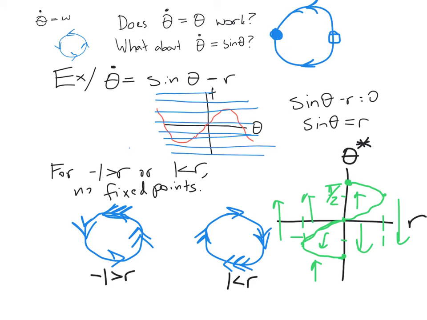So it looks like stable, unstable, stable. Okay, and so this is a bifurcation diagram with parameter r, reasoning through all the different cases that happen with this phase portrait as r varies.